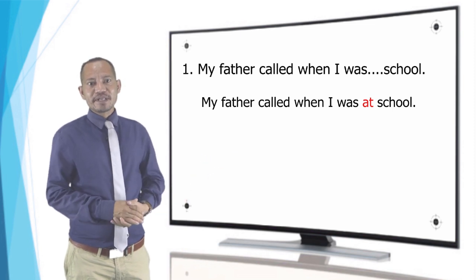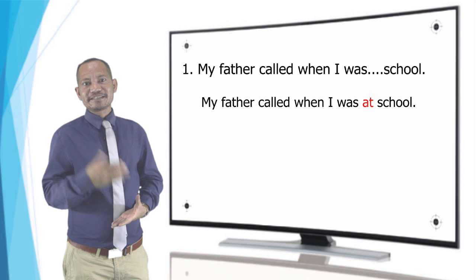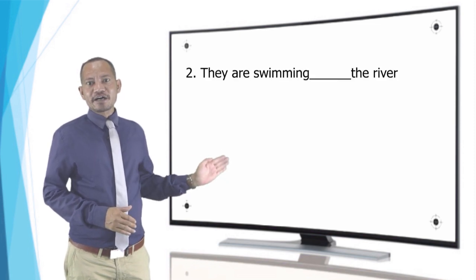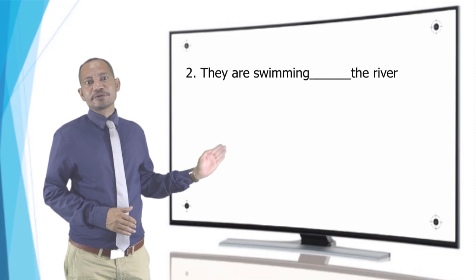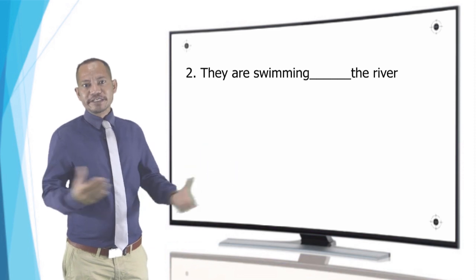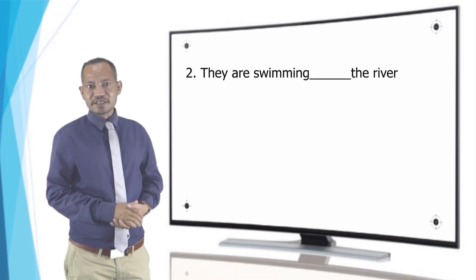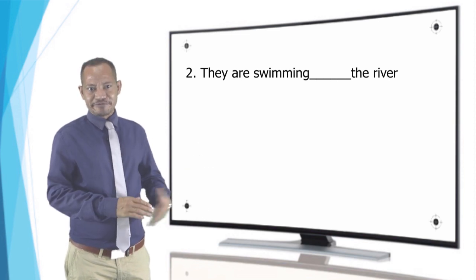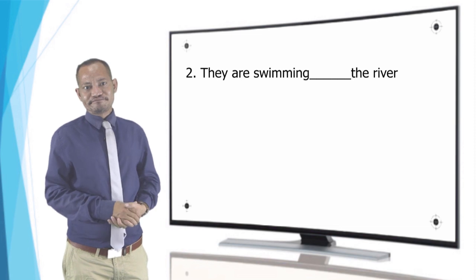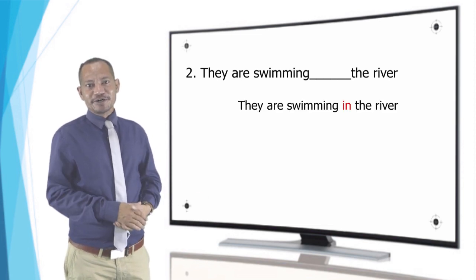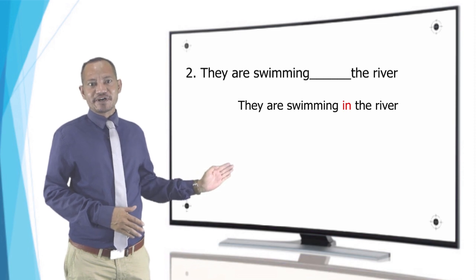Now, moving on, let's look at exercise number 2. They are swimming blank the river. Is it above the river? Or is it beside the river? Or in the river? It is in the river. Good. So, they are swimming in the river.